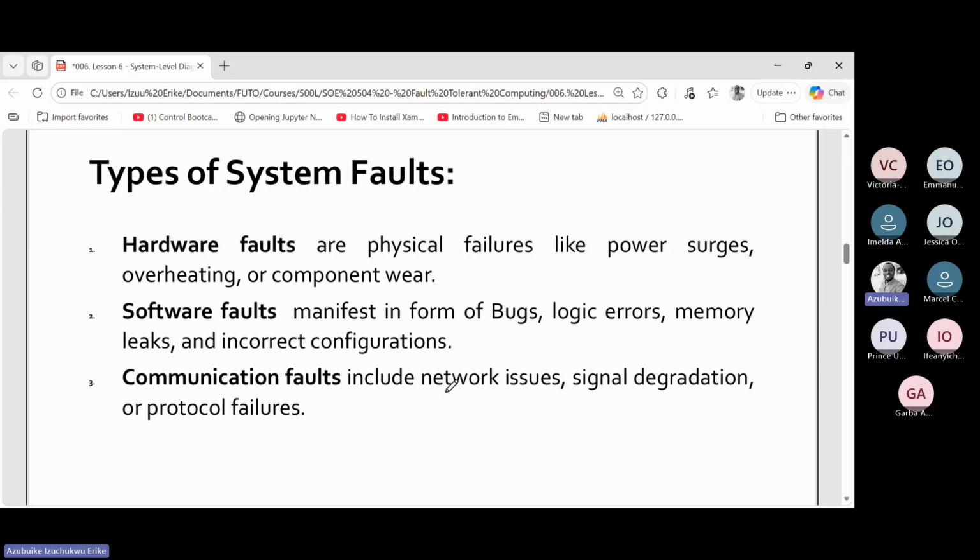So we have to have understanding of these. If you are programming a system, there is also need to check the hardware that you are about to control, is it intact? The communication lines, are they working properly?